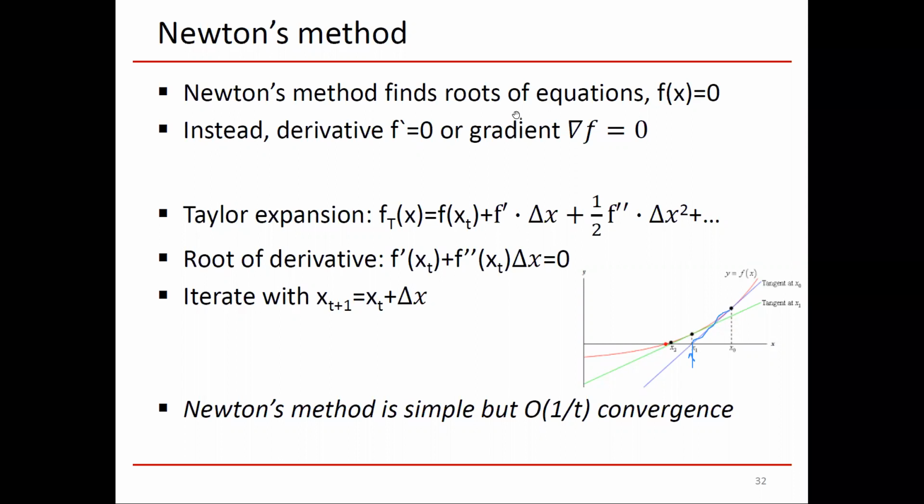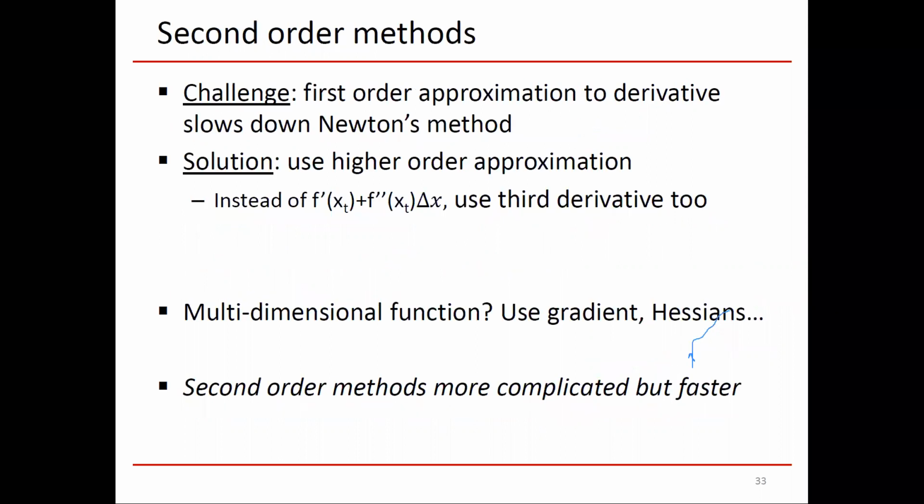What do we do instead? A second order method involves looking at the next derivative. Earlier, the challenge was that the first order approximation to the derivative slowed down Newton's method, so we use a higher order approximation. We not only use the derivative and the second derivative, we also use the third derivative, and we are trying to find a root of the derivative given the second and third derivatives.